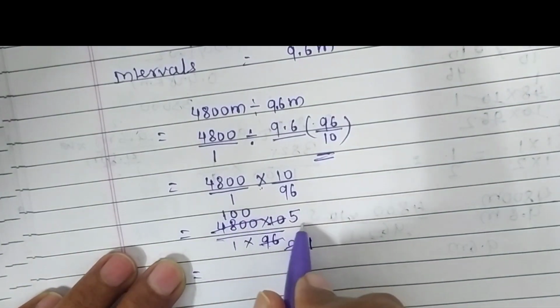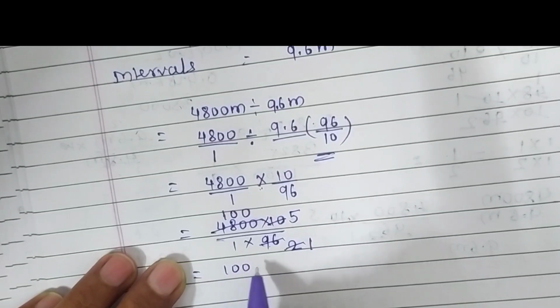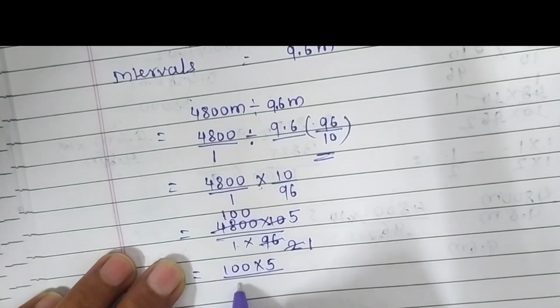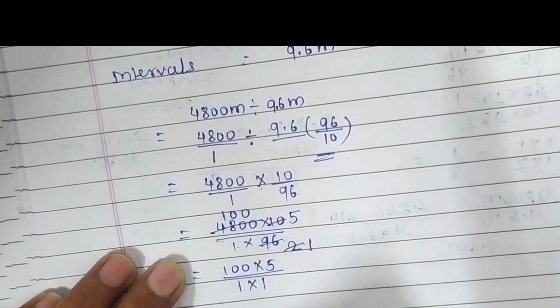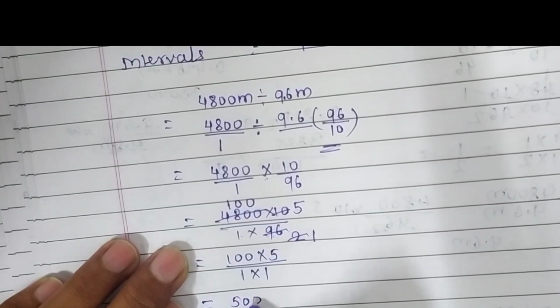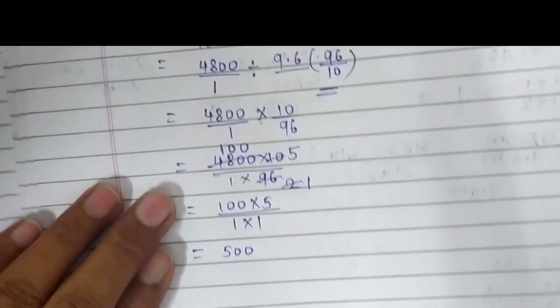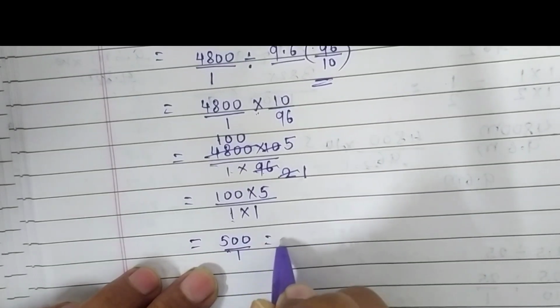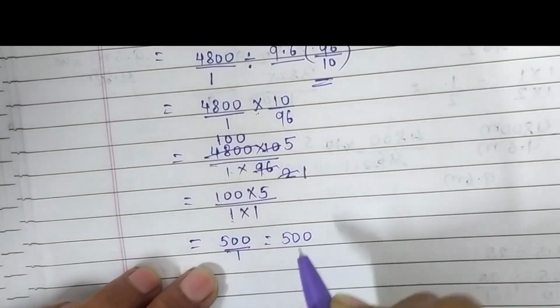On the numerator side, we get 100 multiplied by 5, and on the denominator side 1 multiplied by 1. 100 multiplied by 5 is 500, and 1 multiplied by 1 is 1. So our answer is 500.